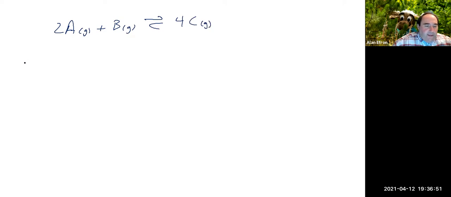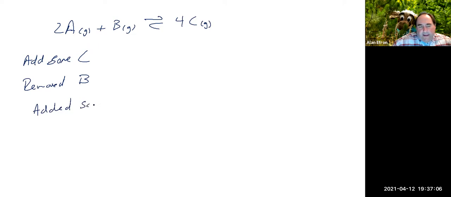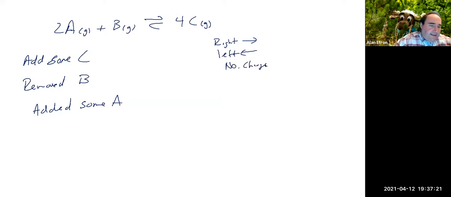And let's say we added some C. Let's say we removed some B. And let's say we added some A. Take a moment here and decide, will it shift to the right? Will it shift to the left? Or will there be no change? So take a moment here for each of those and think about what will happen.